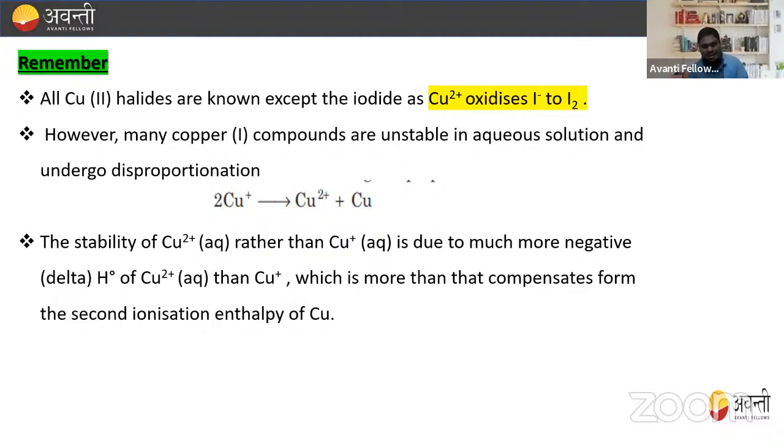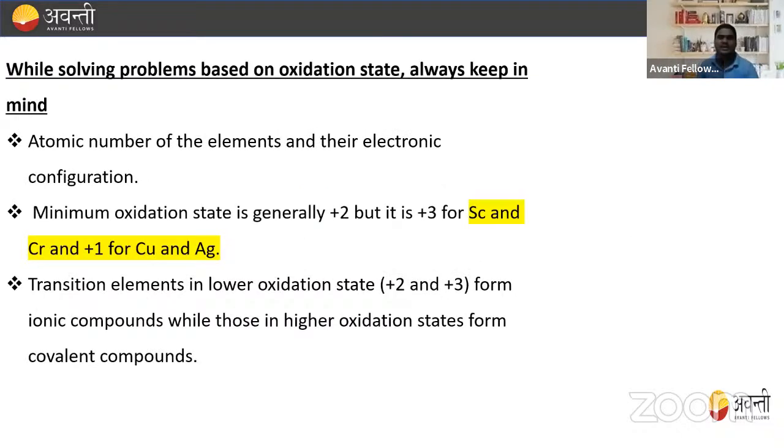However, many copper +1 compounds are unstable in aqueous solution and undergo disproportionation, like 2Cu+ giving Cu2+ and Cu. The stability of Cu2+ aqueous rather than Cu+ aqueous is due to the much more negative hydration enthalpy of Cu2+, which more than compensates for the second ionization enthalpy of copper, right?